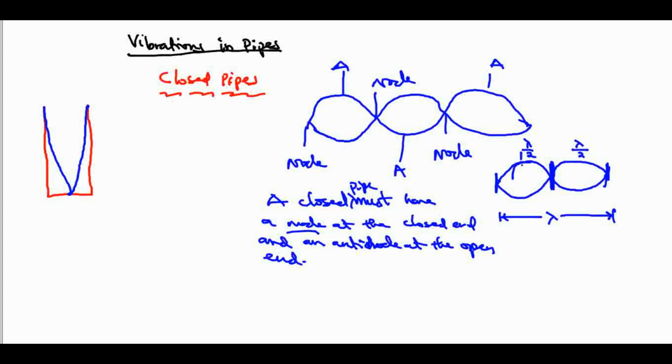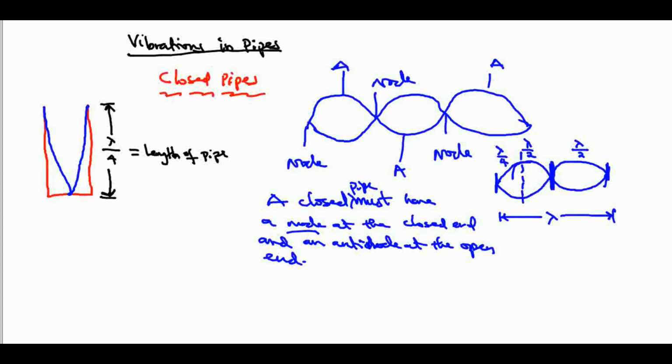And if I go ahead and divide lambda over 2 into 2, I would have lambda over 4. That also corresponds to what we have here: from this point down to this point is actually lambda over 4. So it means that basically what we can have as fundamental is lambda over 4, and this is equal to the length of the pipe.